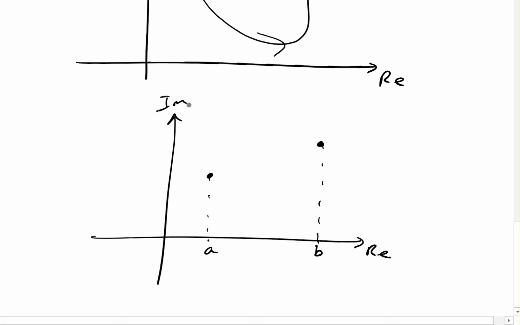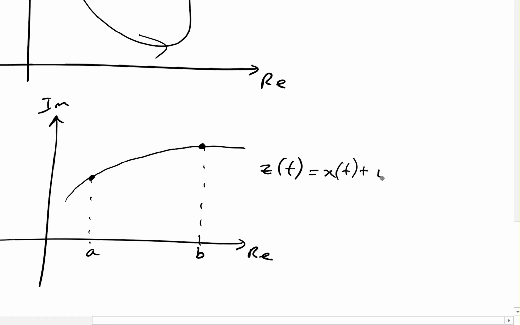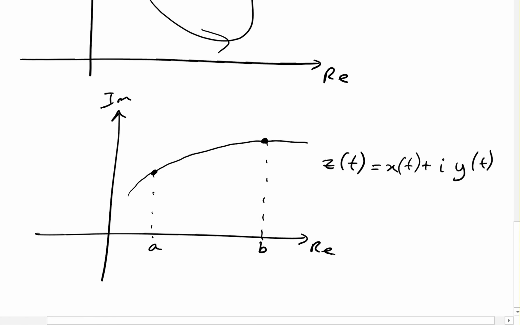Then I'm going to parameterize a curve in the complex plane. I'm going to draw a curve in, and parameterize it as z of t, complex numbers over time, given by a real component over time plus an imaginary component over time. So that's what's going on there. From A to B, I've parameterized it, presuming that t goes from A to B.